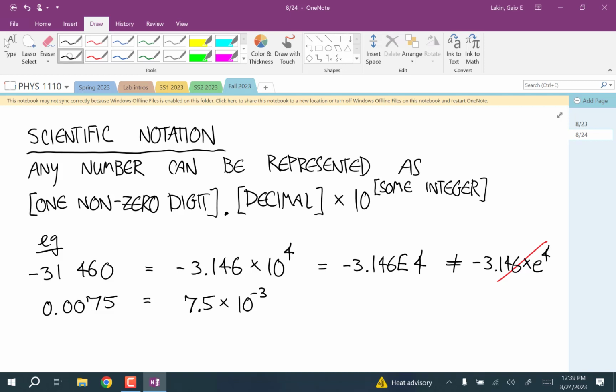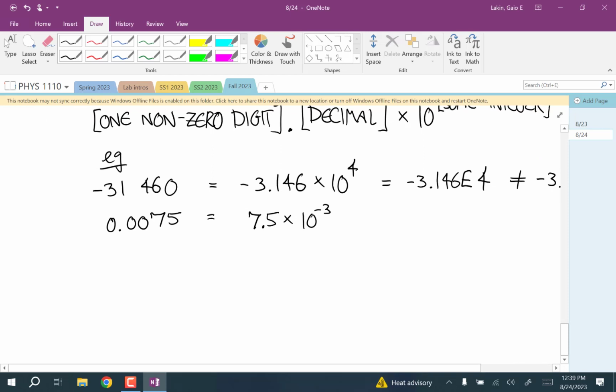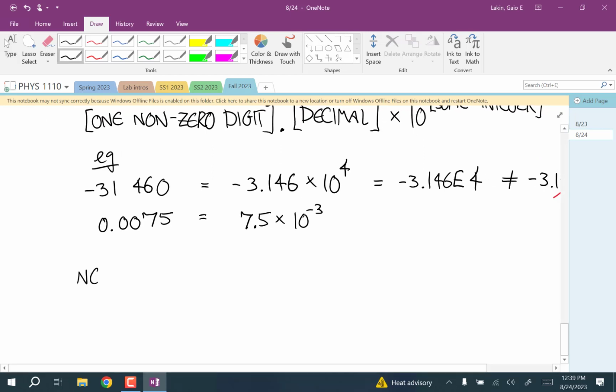To use scientific notation, there are 2 skills you need to have. You need to be able to go from standard notation to scientific notation, and you need to know how to go back in the other direction.